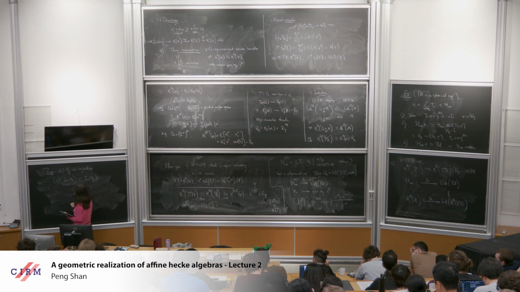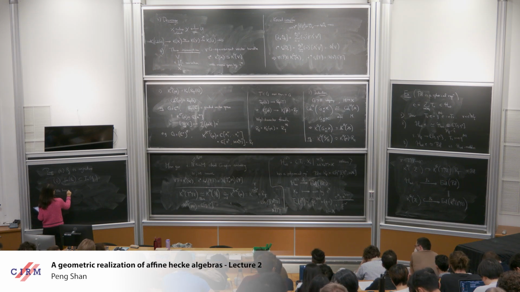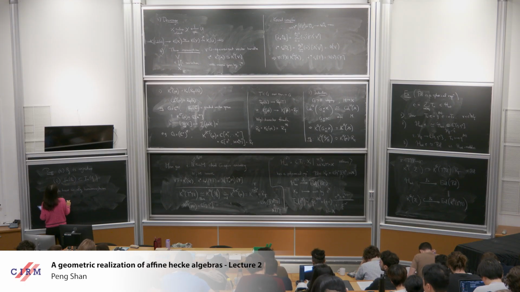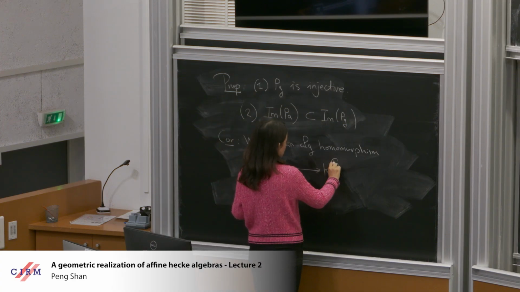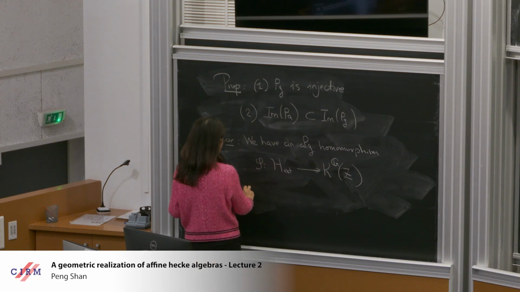Okay? So these two things would imply that we have an algebra homomorphism phi from Hx to Kg of Steinberg, making the diagram commute.